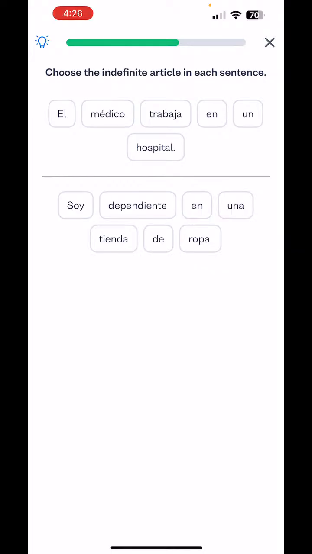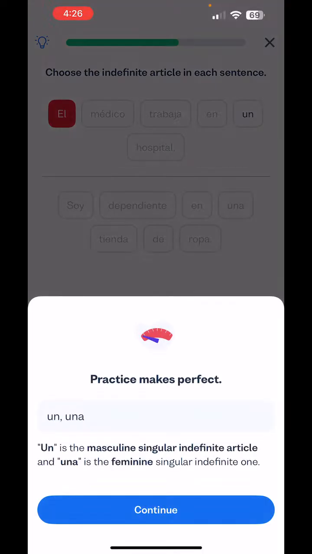So choose the indefinite articles in each sentence. So I would say el médico. So el médico trabaja en un hospital. Wait, what happened here now? Un is the masculine singular indefinite article, and una is the feminine.